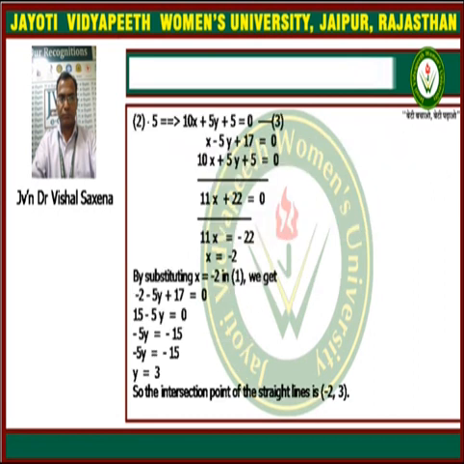The two equations are written as x minus 5y plus 17 equal to 0, and 10x plus 5y plus 5 equal to 0.